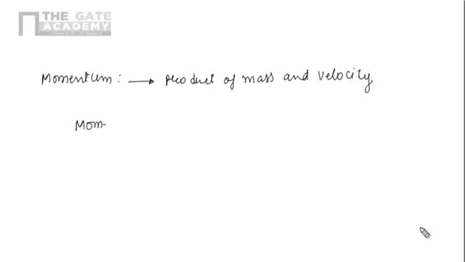So we can write momentum equals mass into velocity. That is the formula for momentum.